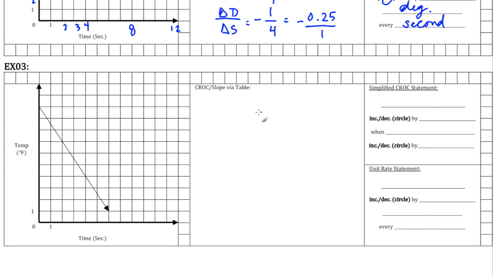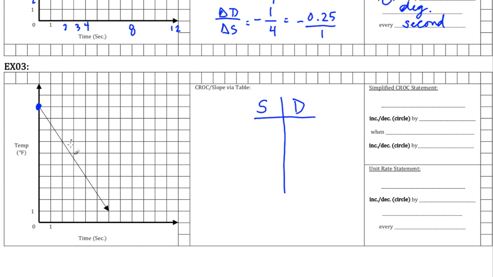So once again, we have temperature and time. So I put degrees and seconds.